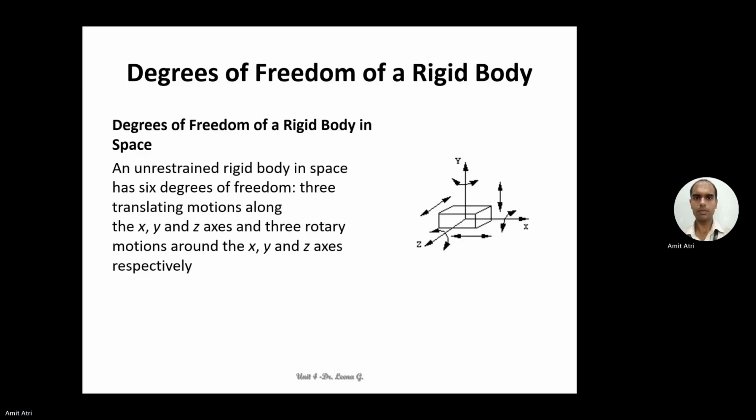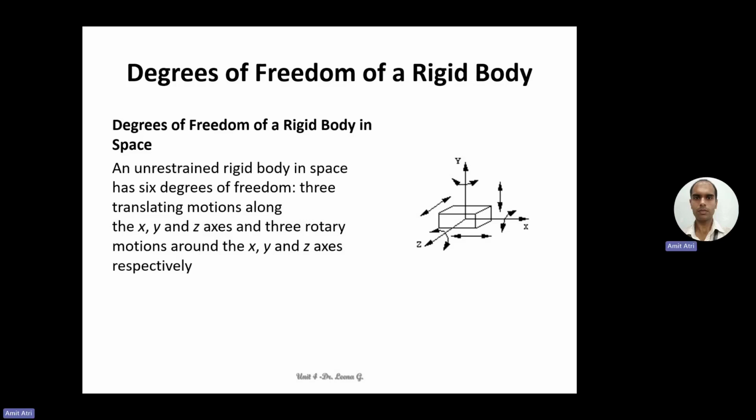Now in 3 dimensions, or in space; that was on a plane, here we are considering a space. For the degrees of freedom, first is linear movement along the x-axis, along the y-axis, along the z-axis.